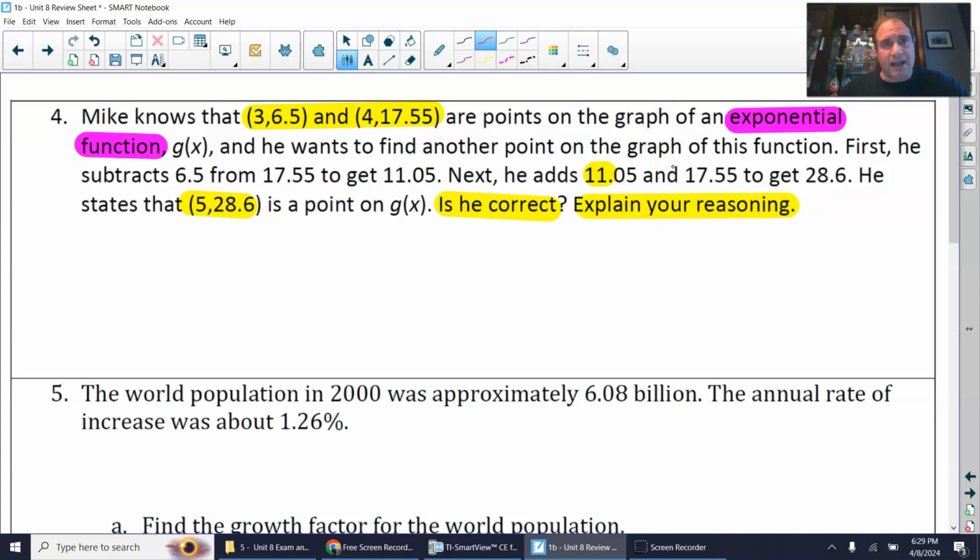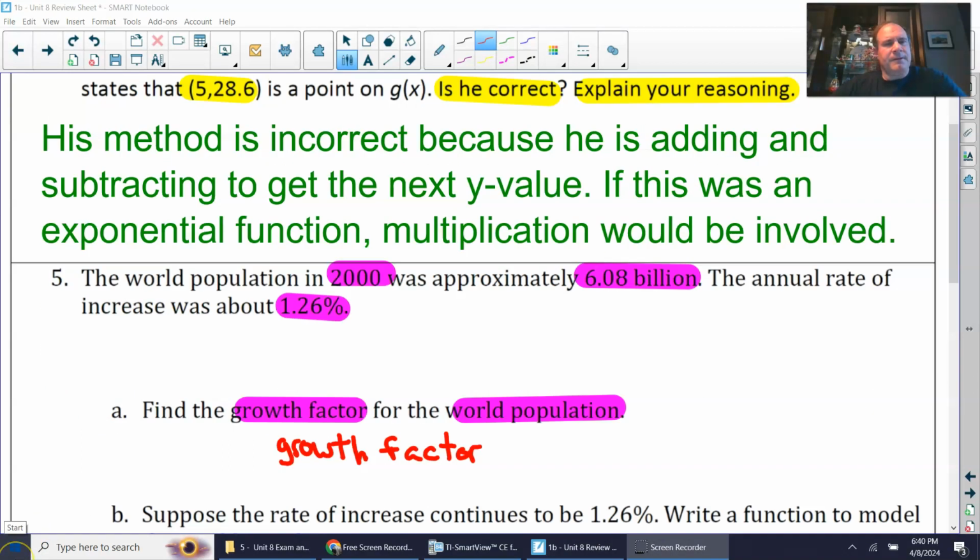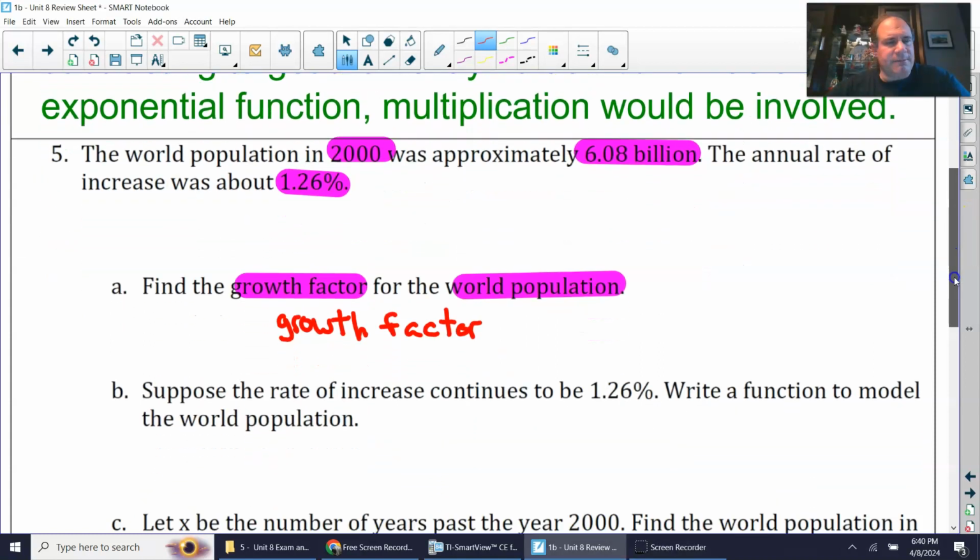He is incorrect because he's adding and subtracting to get to the next y. And you don't do that for an exponential function. Okay, so you see that I have his method was incorrect because he's adding and subtracting to get to the next y value. This was an exponential function. If this was an exponential function, multiplication would have to be involved.